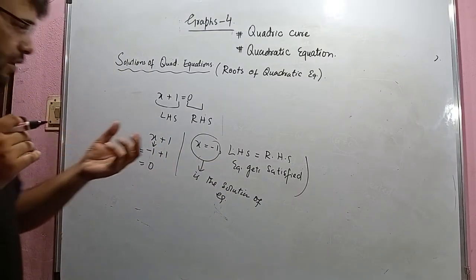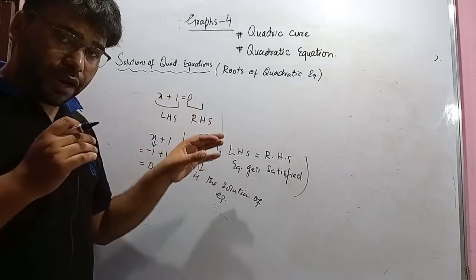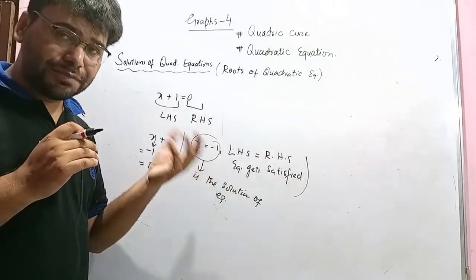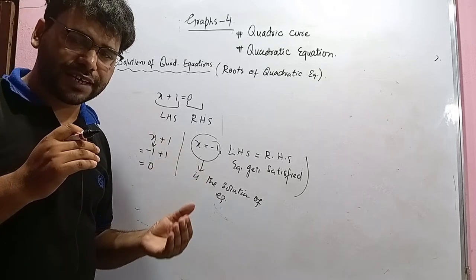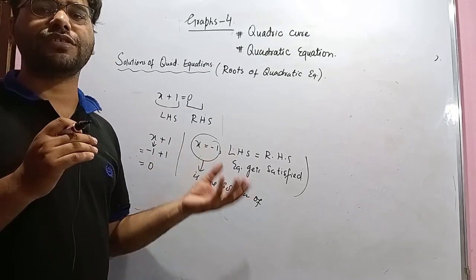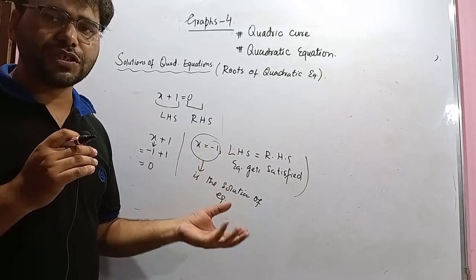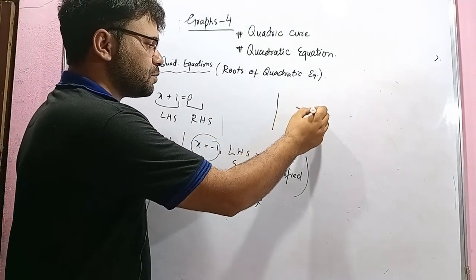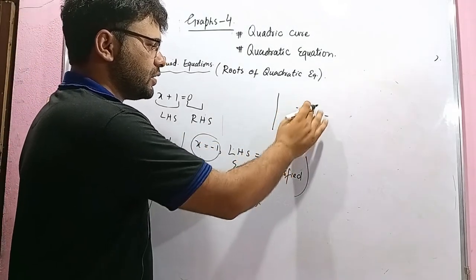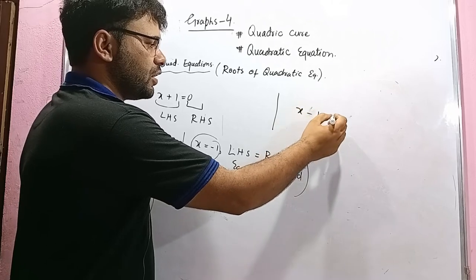It means on substituting the value of the variable in a given equation, if the equation gets satisfied, that is, LHS becomes equal to RHS, that is the solution of the equation. If I have one more equation here, x plus 1, x minus 1 equal to 0.